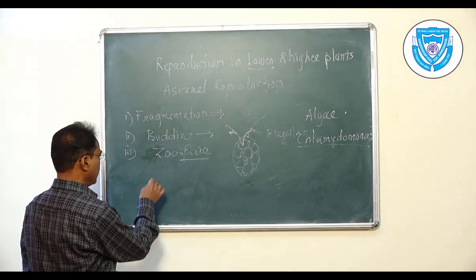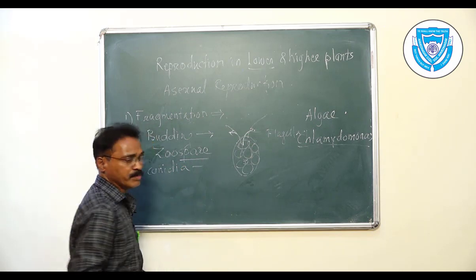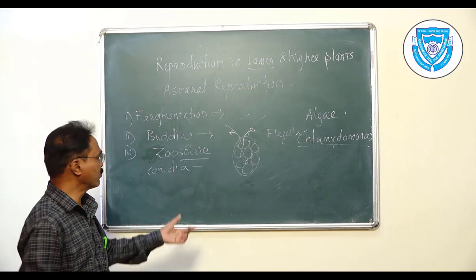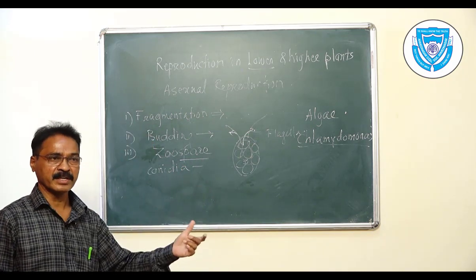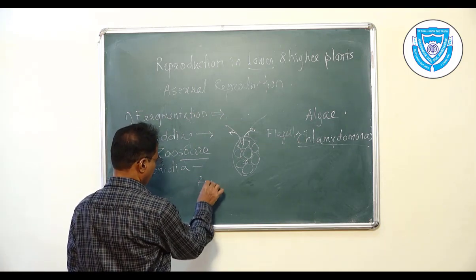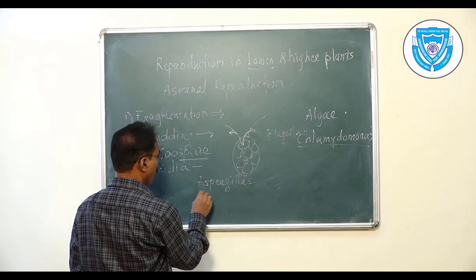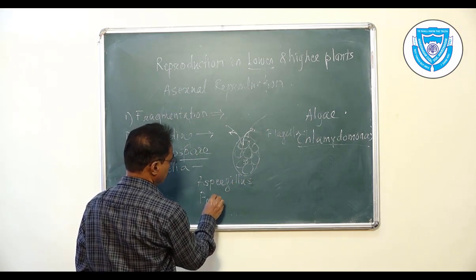For example, conidia formation. Conidia formation is found again in fungal members, where conidia are developed, especially in Aspergillus or Penicillium.